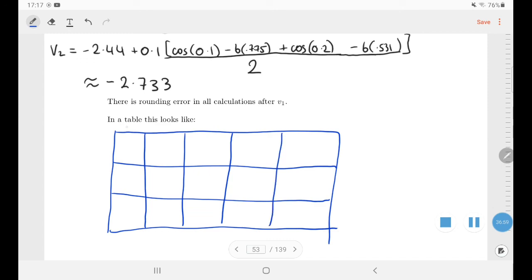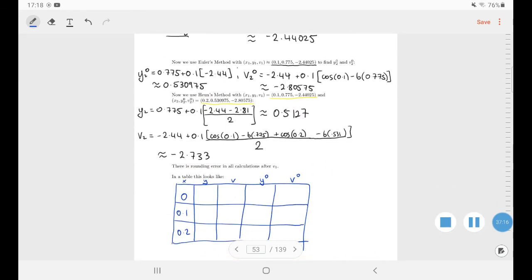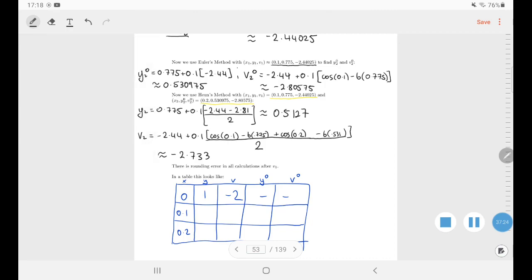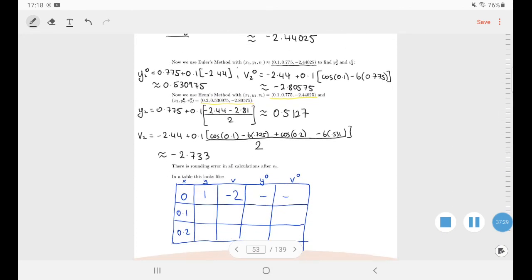So let's go with x, y. Now that's the Heun v, Euler Predictor v. Okay, so we went from x equal to 0 to 0.1 to 0.2. We had initial values of y and v of 1 and minus 2. These are initially undefined. Okay, so what we calculated first was the two predictors, 0.8 and minus 2.5. I'll probably only use two significant figures here.